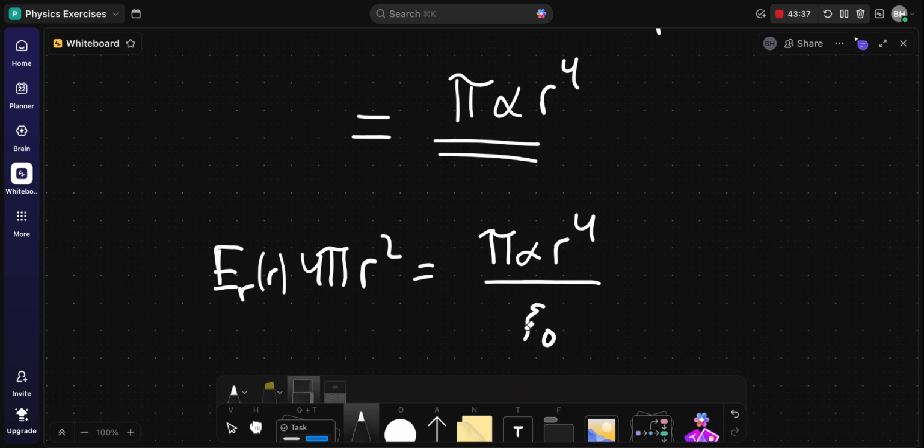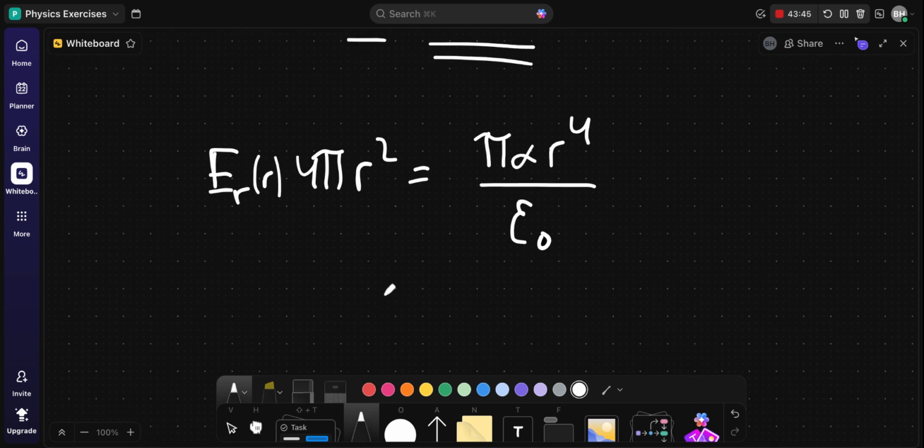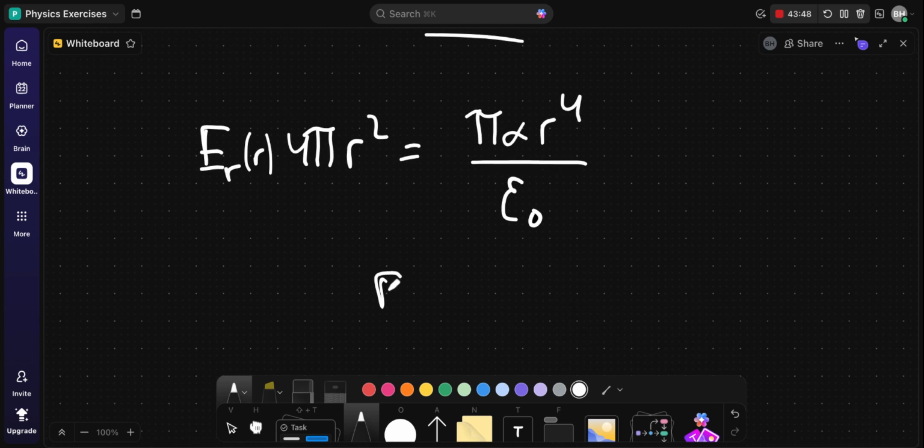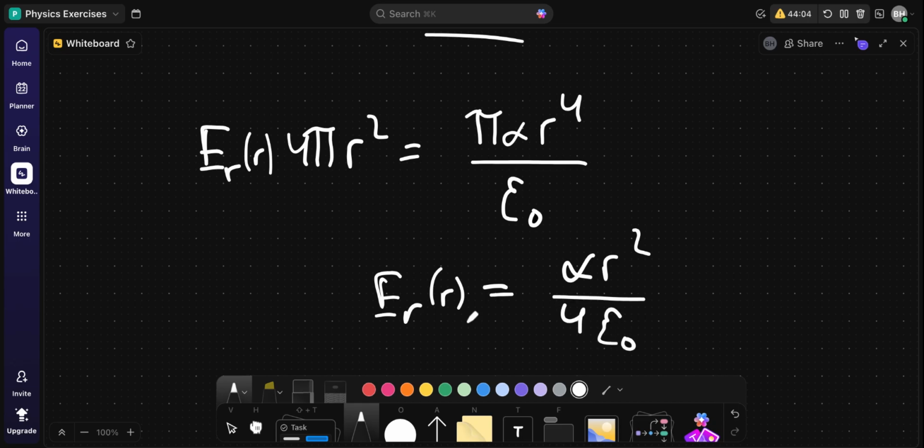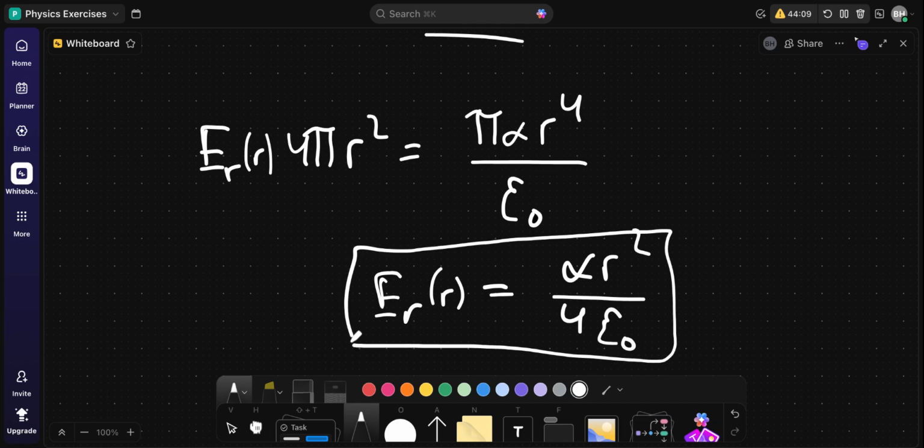You can simplify this and get E equals, the pi cancels, alpha r squared divided by 4 epsilon 0. But this is only valid for r smaller than capital R.